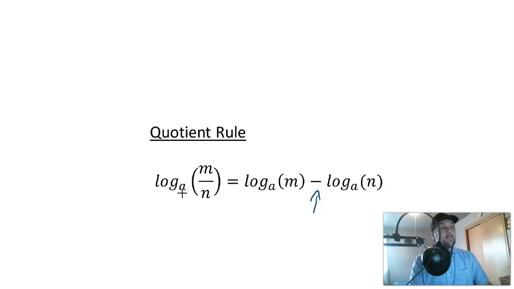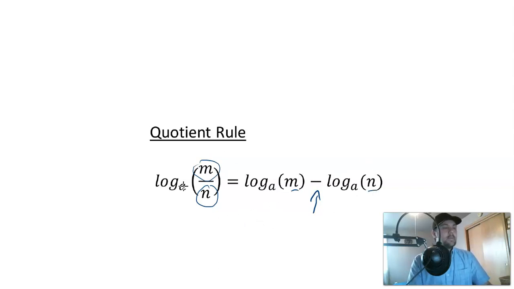So if you have log base a of m divided by n, you can split those up into separate logarithms. The m goes inside of its own logarithm. The n goes inside of its own logarithm. And then you will subtract those separate logarithms from one another. Right? And so you get log base a of m minus log base a of n.